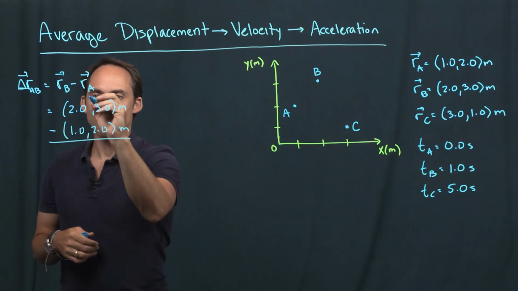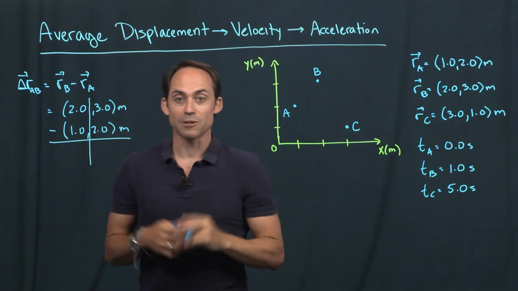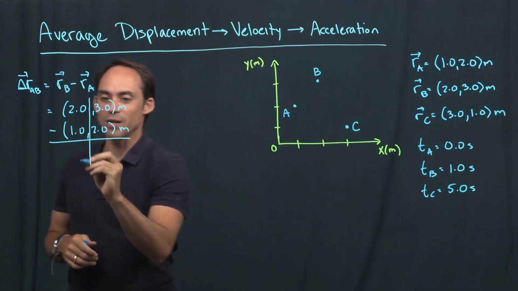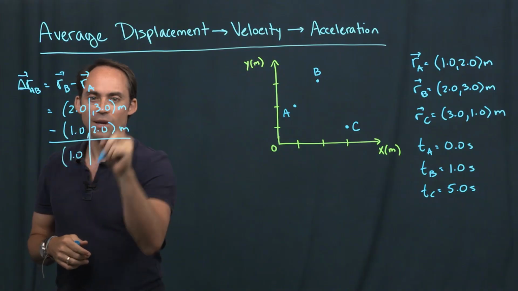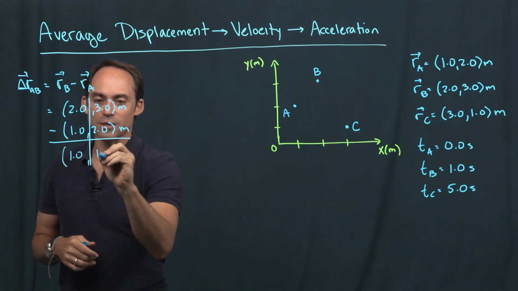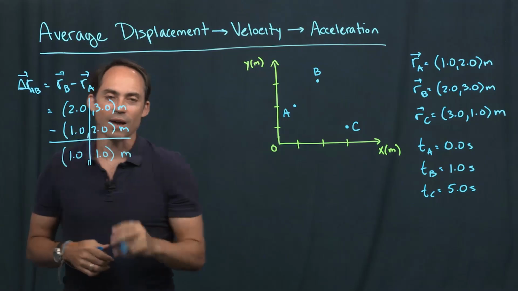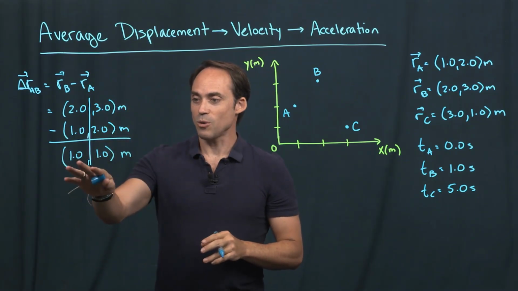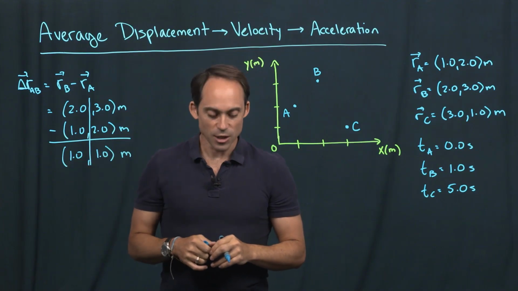If I just divide up this subtraction into the different coordinates, I can do this very simply. 2 minus 1 is 1.0, and 3 minus 2 is 1.0. And I've got my displacement vector just like that. And so that's a displacement of 1 meter in both directions.